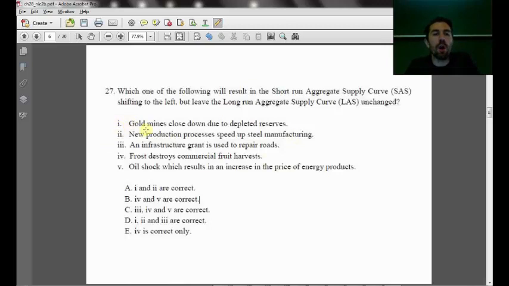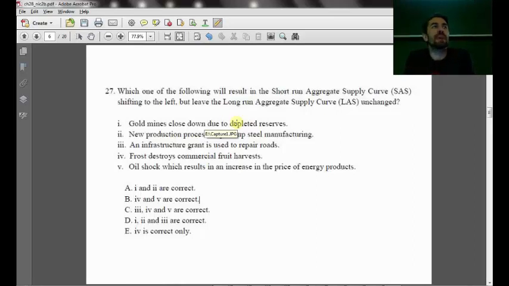Option number 1, if gold mines close down because reserves are all depleted, what do you think? Is that something that's going to shift our long run aggregate supply curve? Remember, if our gold mines are closing down, our productive capacity is diminishing, right?